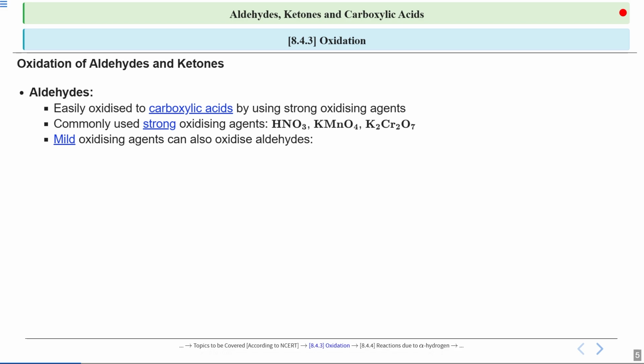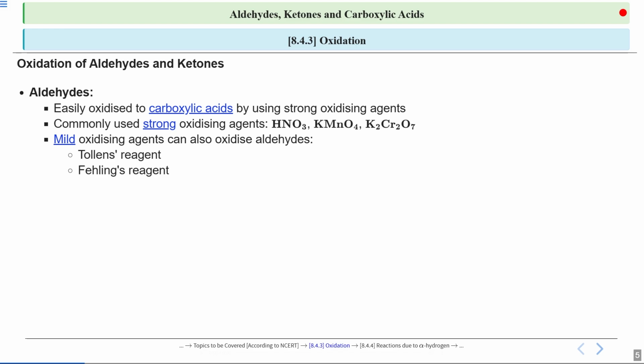Now, mild oxidizing agents can also oxidize aldehydes, okay, but they are not as strong as the ones I mentioned before, like HNO3, KMnO4, or K2Cr2O7. The mild oxidizing agent which we will discuss is Tollens' reagent. So Tollens' reagent is an example of a mild oxidizing agent.